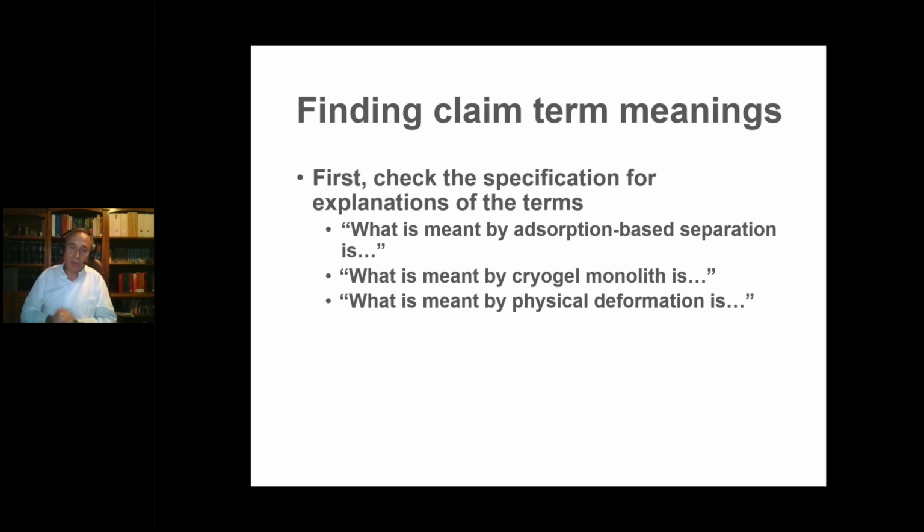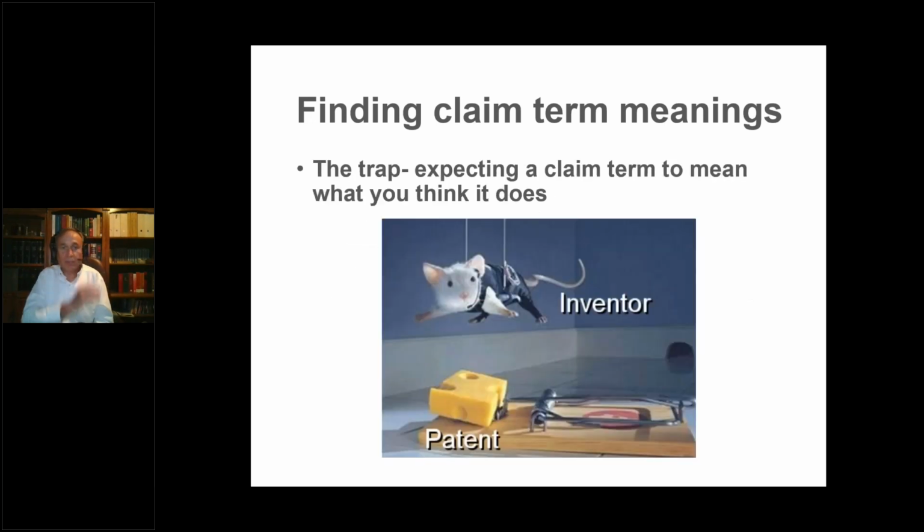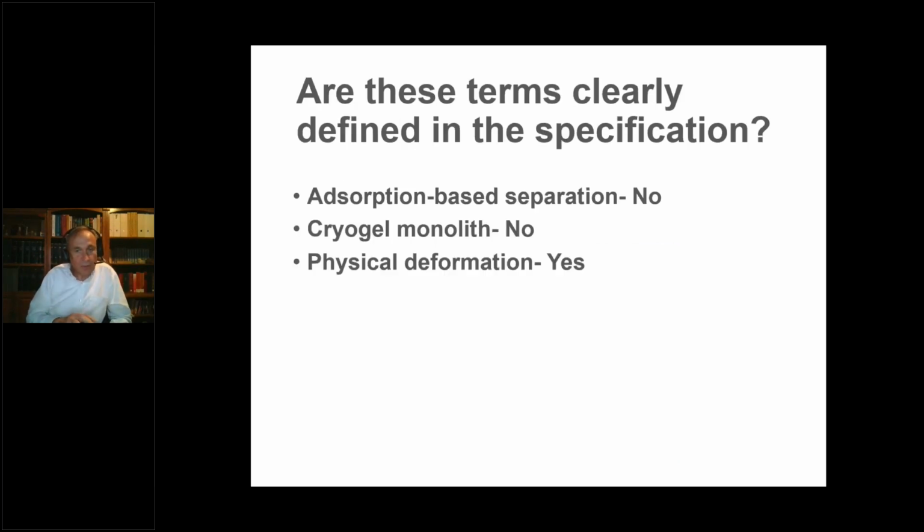And the same thing with the cryogel monolith, and the same thing with physical deformation. And so you go through this because of this trap I talked about. You think you know what the word means, but it's a trap. And they will trap you. So I looked in the specification to see if those terms were clearly defined. And so adsorption-based separation is not, cryogel monolith is not, but physical deformation is. So we're 1/3 of the way there.